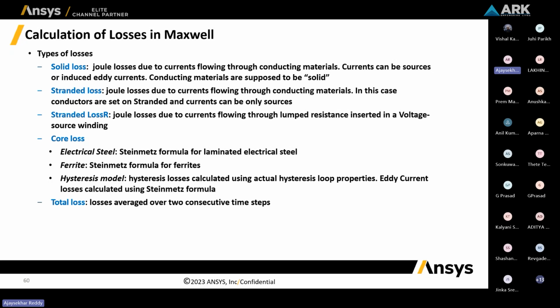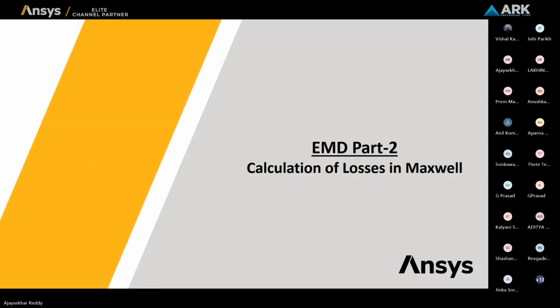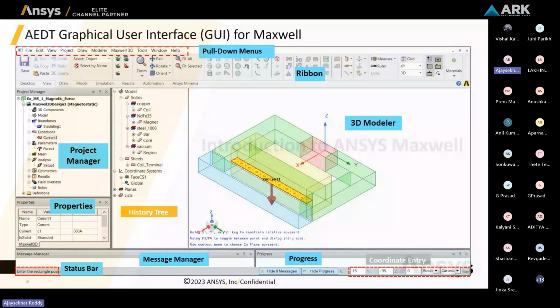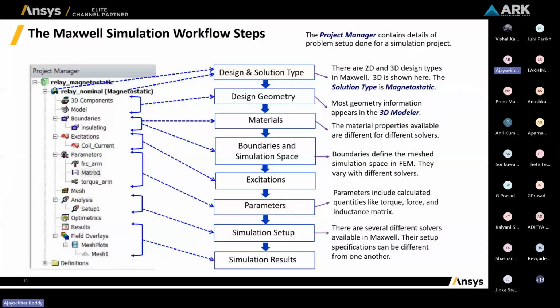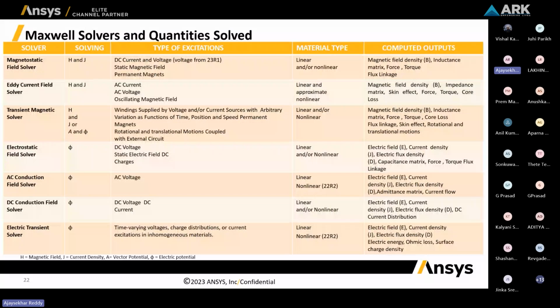In the last session, we saw the types of solvers. Let me go back to that, I think that would be better. As you can see, there are seven types of solvers here. When you are working on a machine analysis, you have three types of solvers for magnetic mode: magnetostatic, eddy current, and transient analysis.